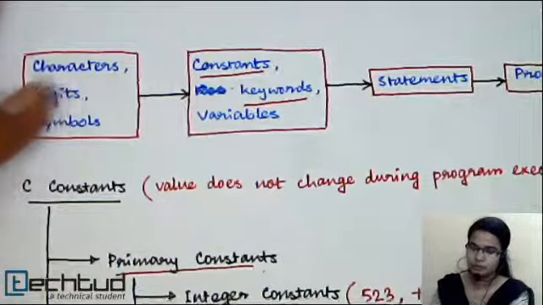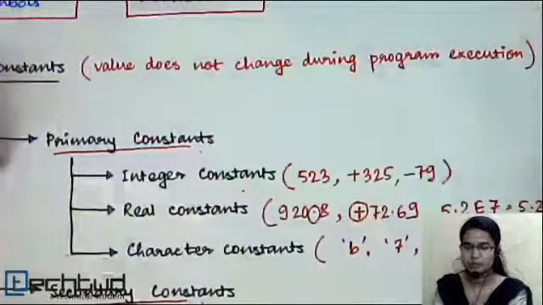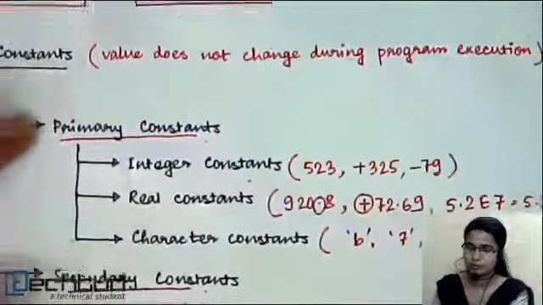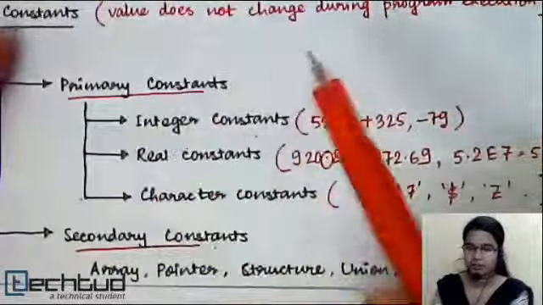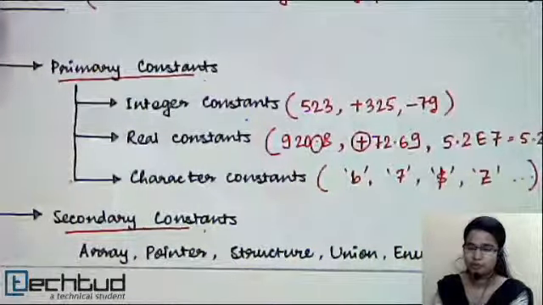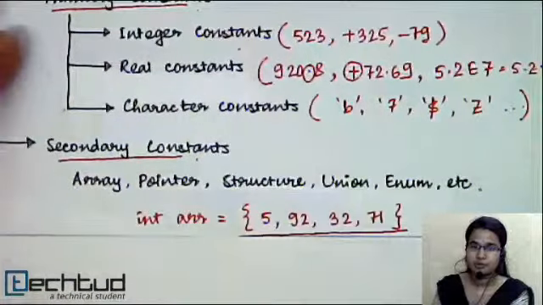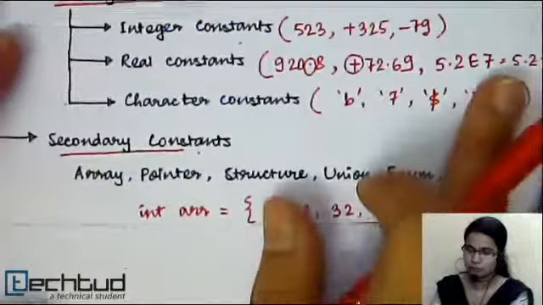There are always rules. We also learned that a C constant is one whose value cannot be changed during program execution. Two types of constants are there, primary and secondary. In primary level we have integer, real, and character constants. We have seen examples of them. And in secondary level we have array, pointer, structure, union, enum type of constants.